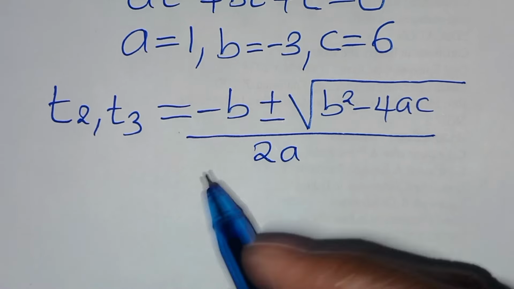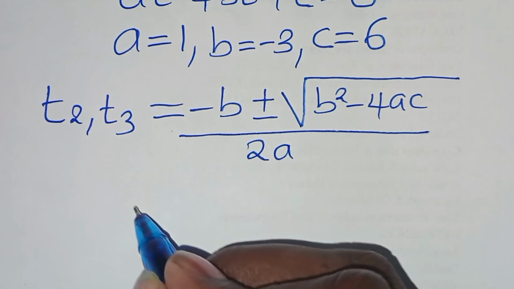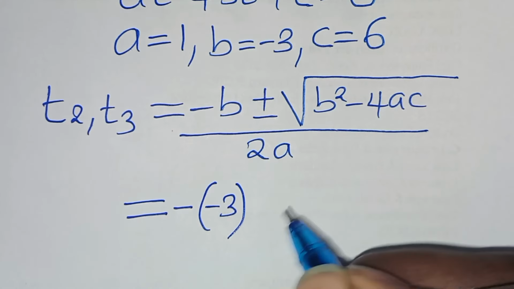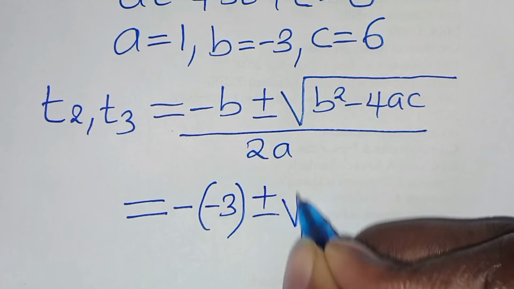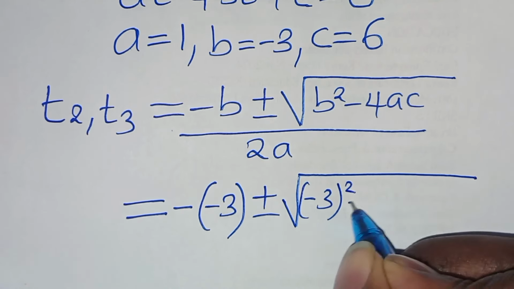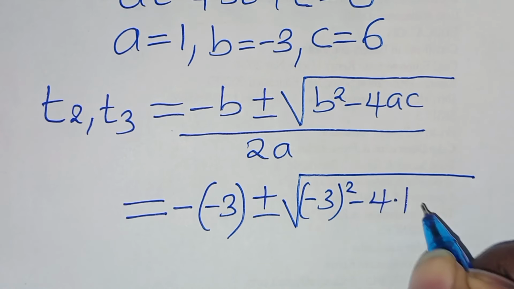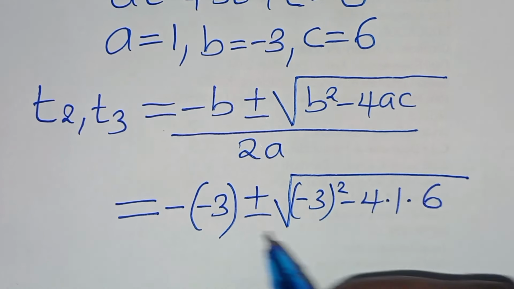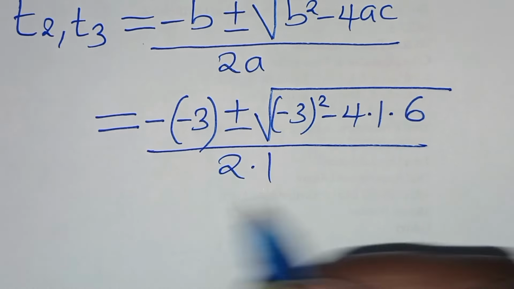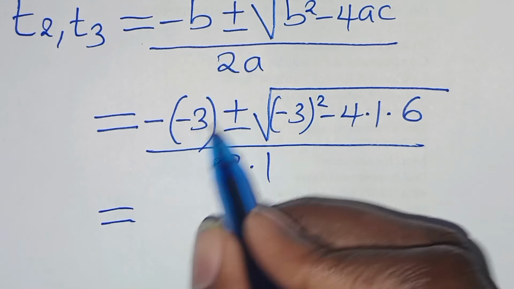So substituting the values of a, b, and c from here, this implies we have minus 3 plus or minus the square root of minus 3 squared, subtract 4 times a, which is 1, then times c, which is 6. Everything here divided by 2 times 1. So here we have minus times minus 3.